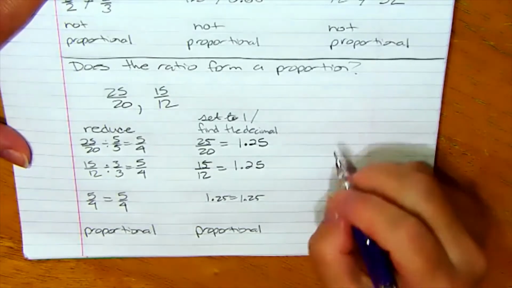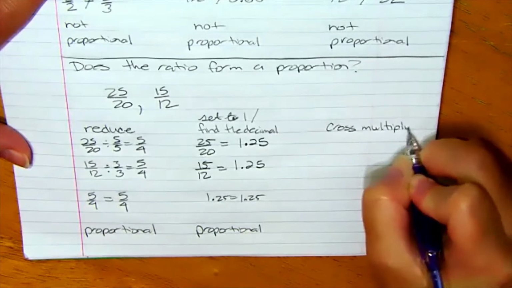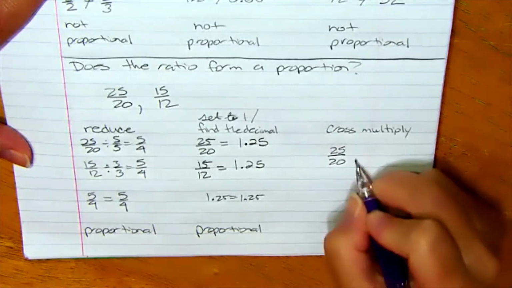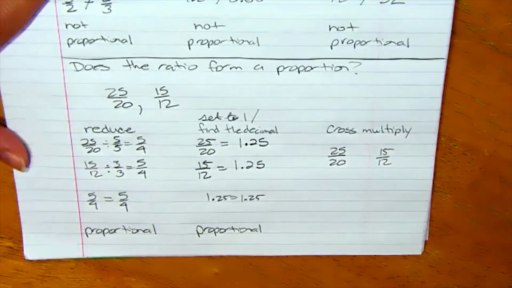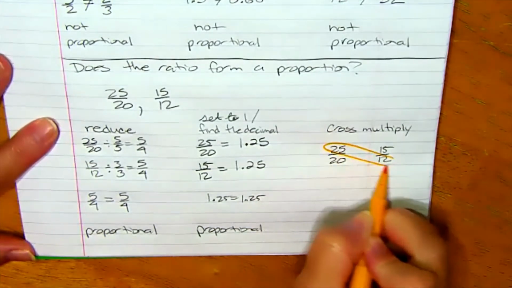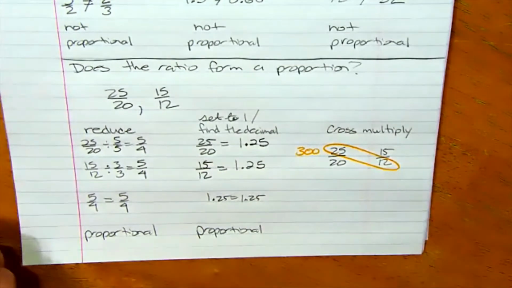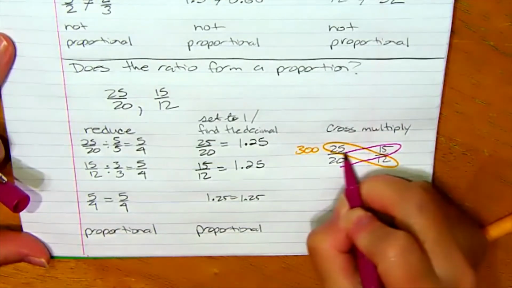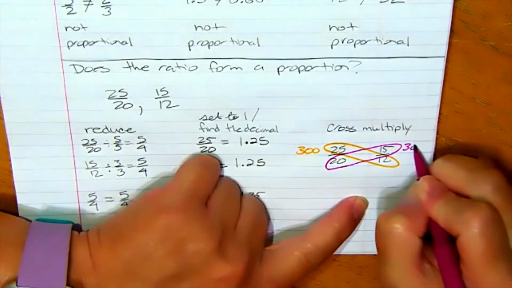And then we have our handy dandy cross multiply. 25/20. We want to know if it's equal to or proportional to 15/12ths. So let's cross multiply. 25 times 12 is 300. And 20 times 15 is 300.